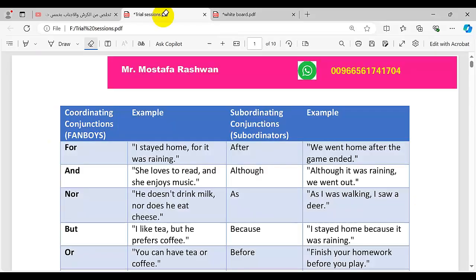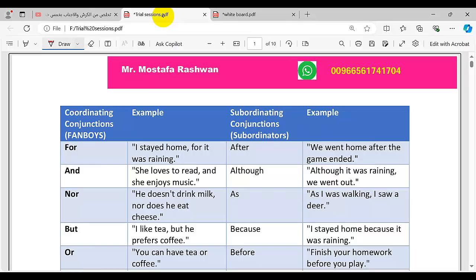The two different kinds of conjunctions are the coordinating conjunctions, which is type number one, and the subordinating conjunctions, which is type number two.